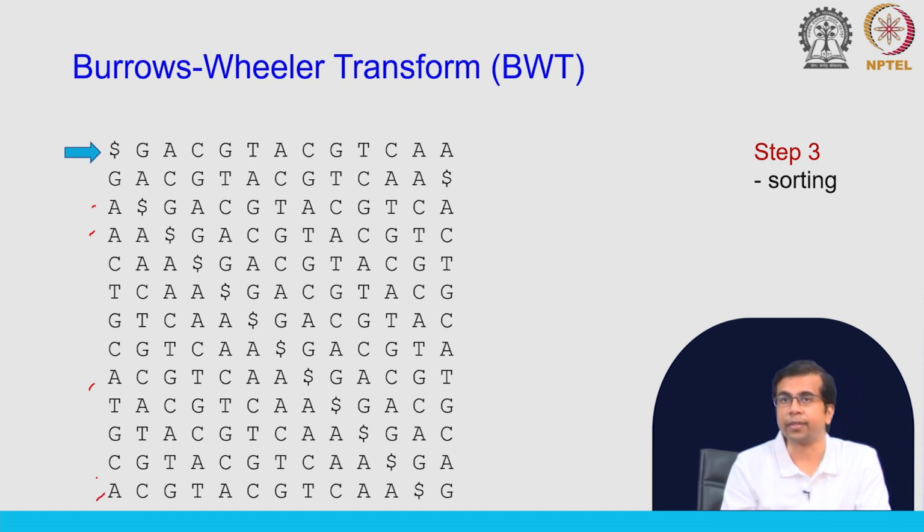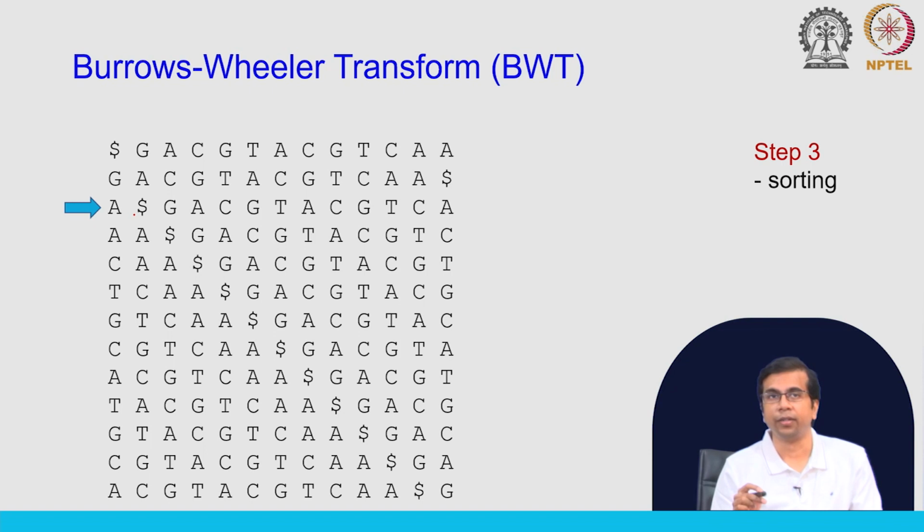If the first letter is the same, we look at the second letter. We see this one has dollar, and again, remember dollar is smaller than all the letters. So this one should be taken up now.